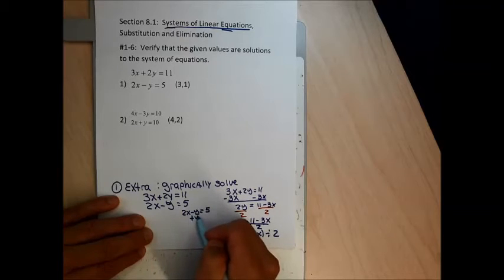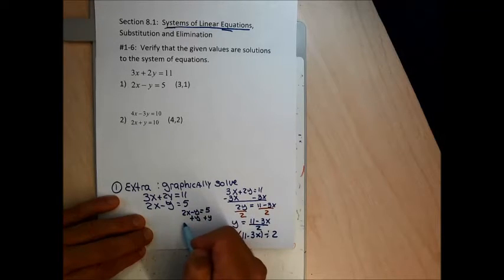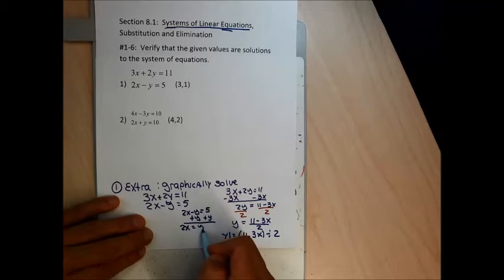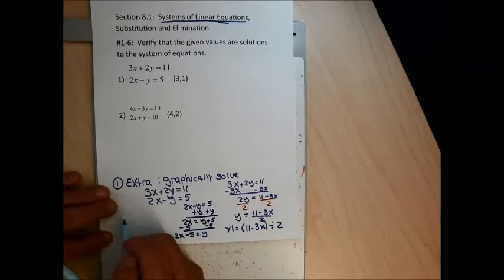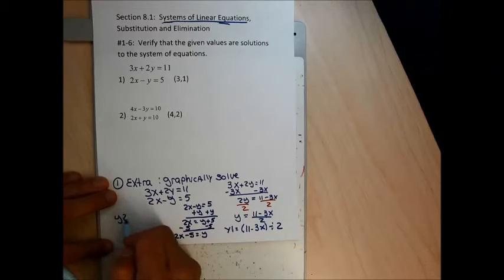I'm going to add y to both sides. That's going to give me 2x equals y plus 5. And then I'm going to subtract 5 from both sides and get 2x minus 5 equals y. And on my calculator, I'm going to enter y2 equals 2x minus 5.